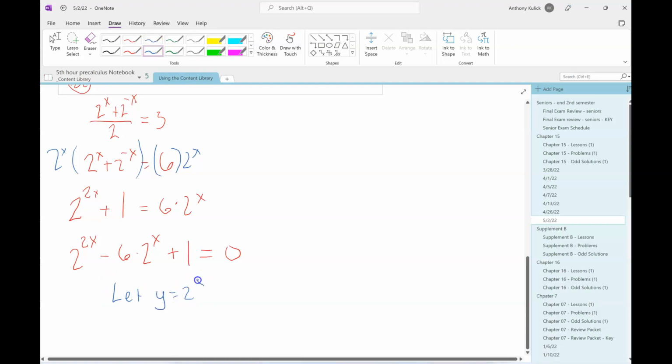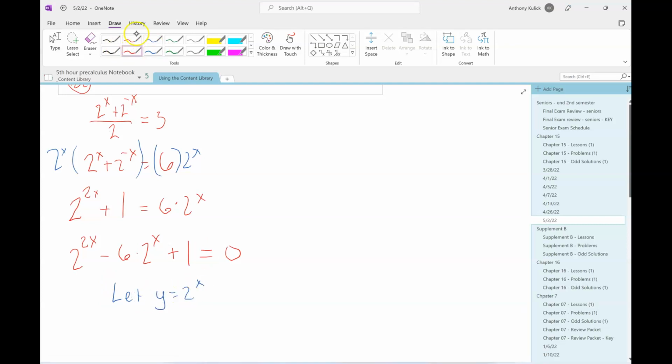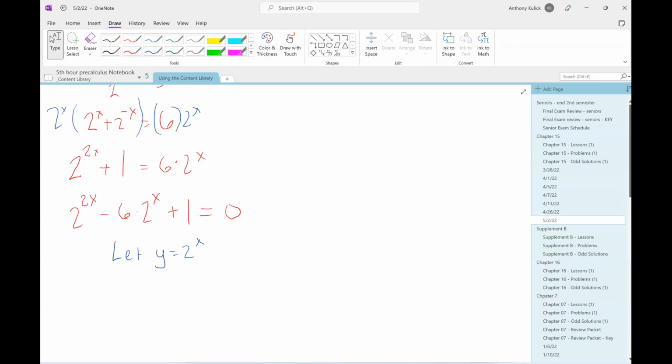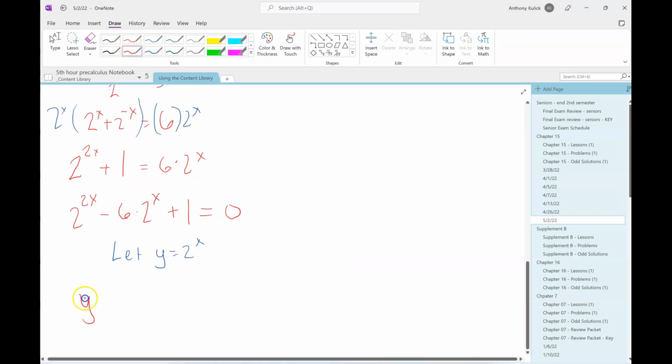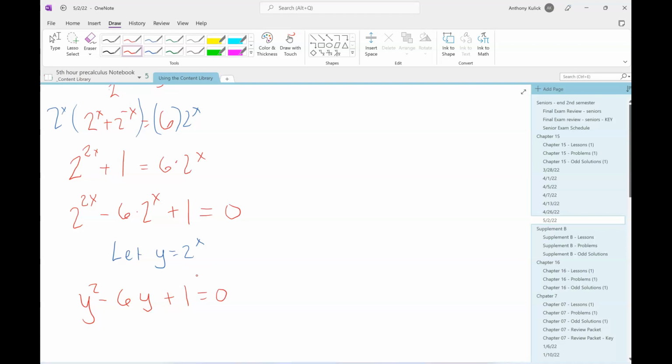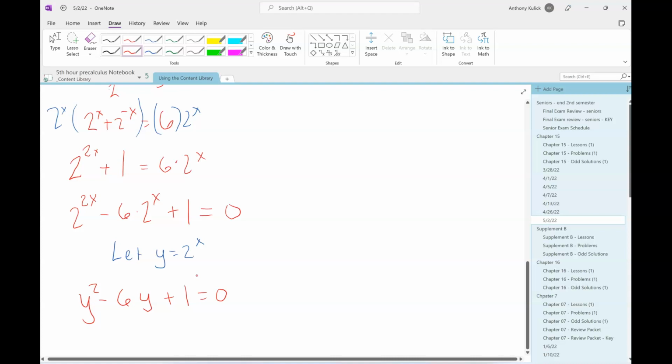To really hammer that home, I'm going to assign a dummy variable to 2 to the x. So it really looks like a quadratic now. Does that feel okay, Victoria?